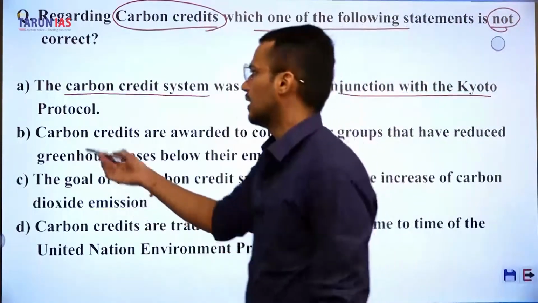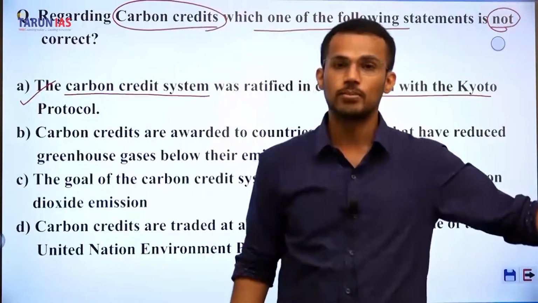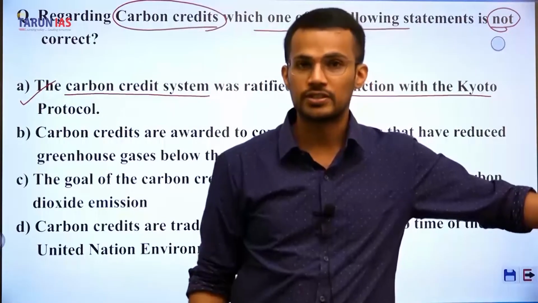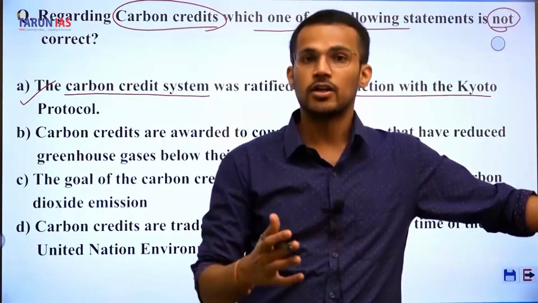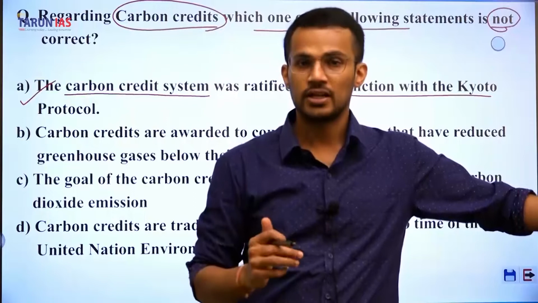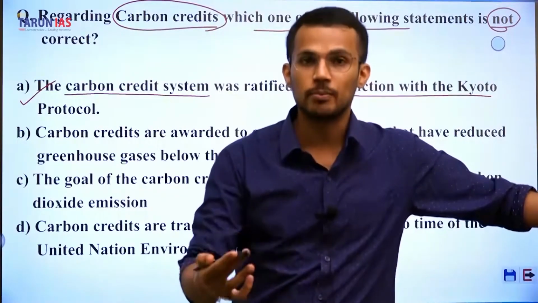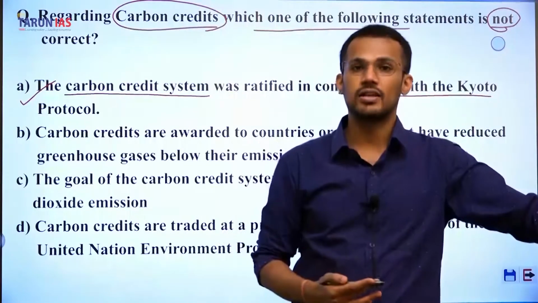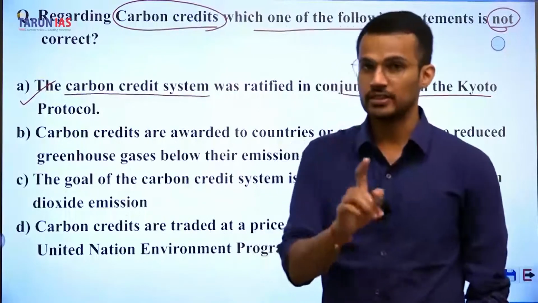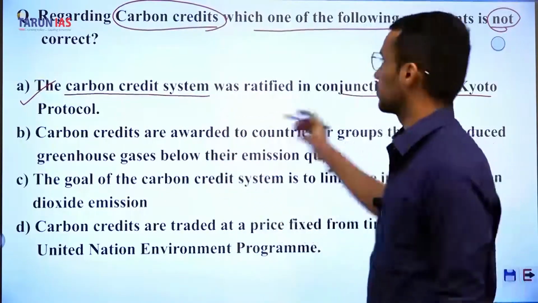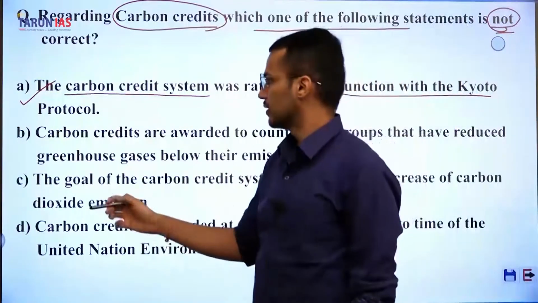So we know that under Kyoto Protocol there are certain flexibilities that have been given to the developed countries in the form of clean development mechanism and joint implementation. As a result of these flexibilities, carbon credits may be earned by various developed countries, and hence first statement is correct, but it is not the answer, because we are supposed to find out statements which are not correct.